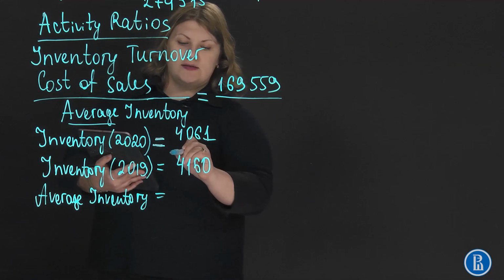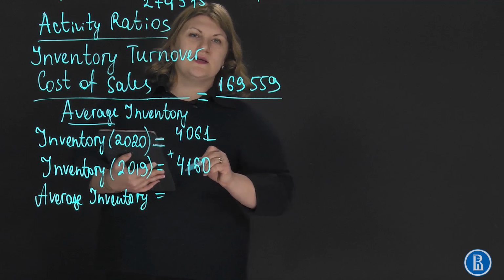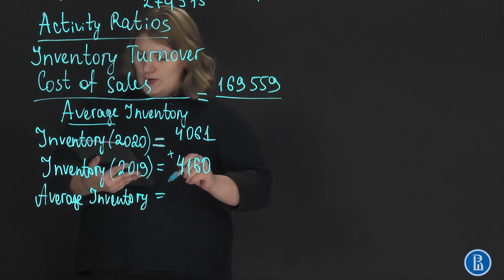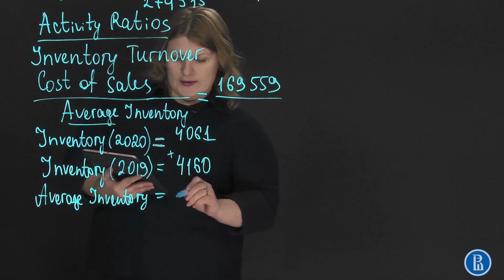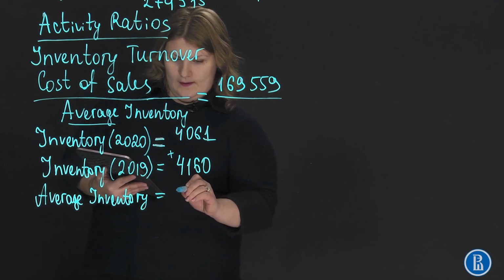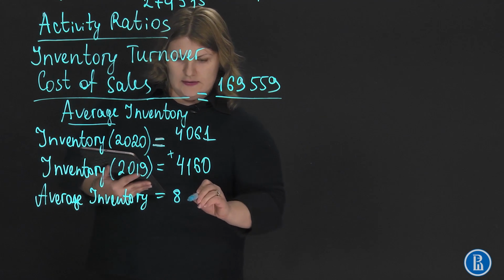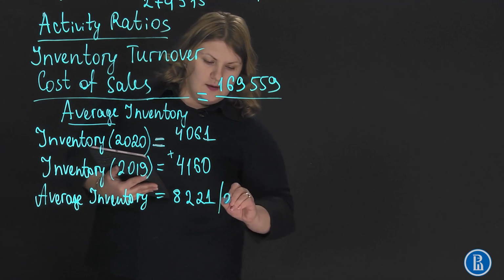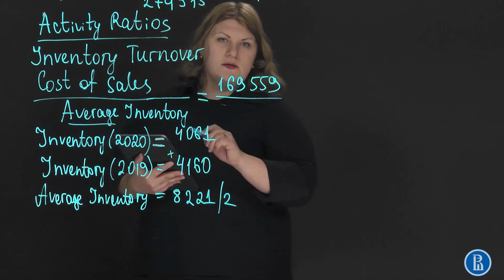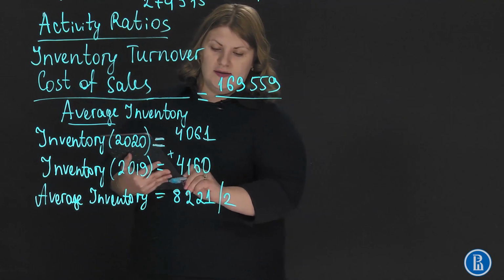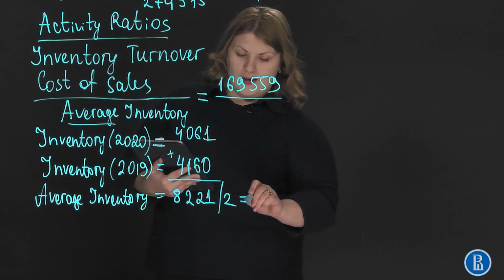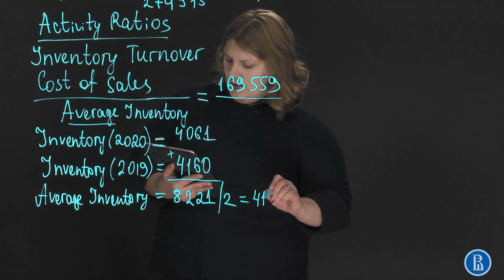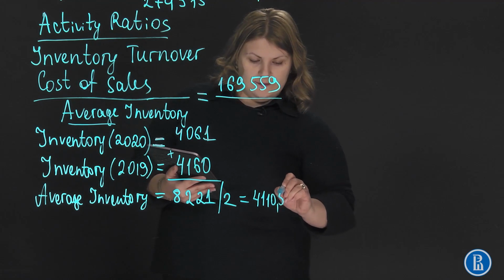Now we need to find average inventory, which will be just adding both figures and dividing into the number of figures. In our case, we will get 8,621. As soon as we have two figures for 2 years here, we should divide it over 2, and that's how we will receive 4,110.5.